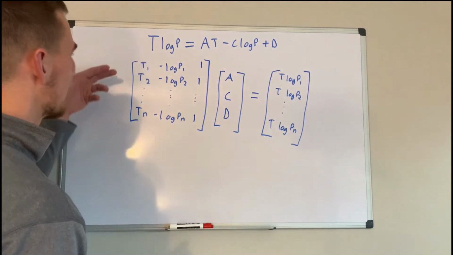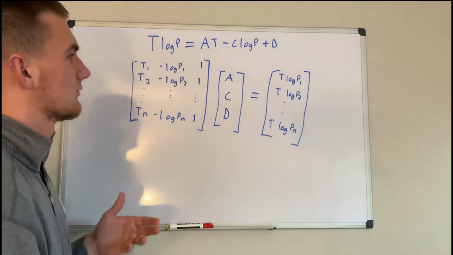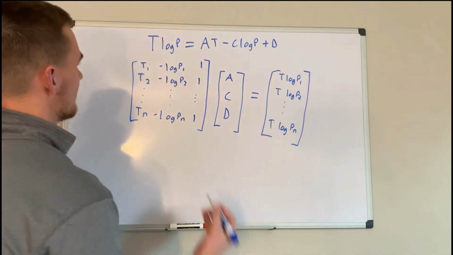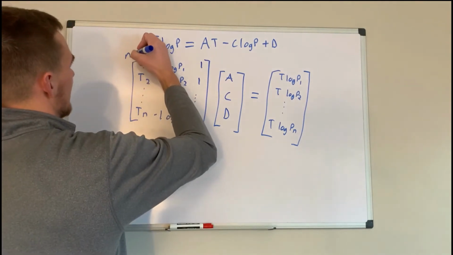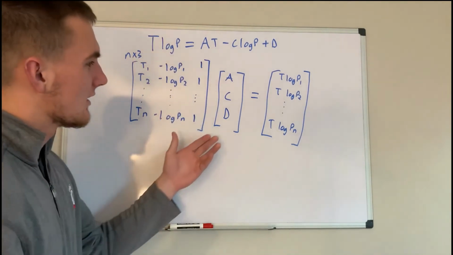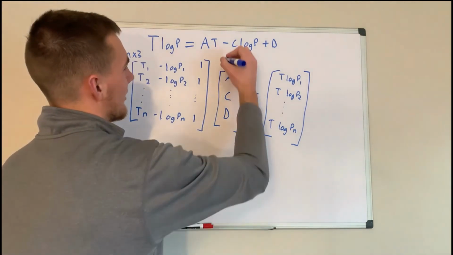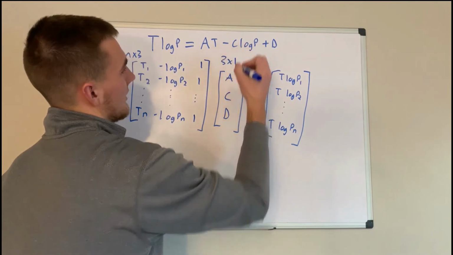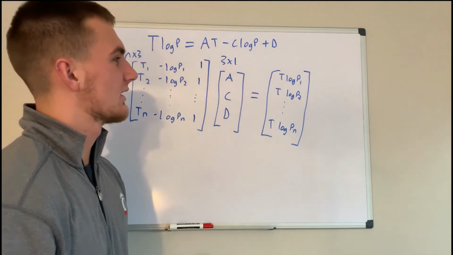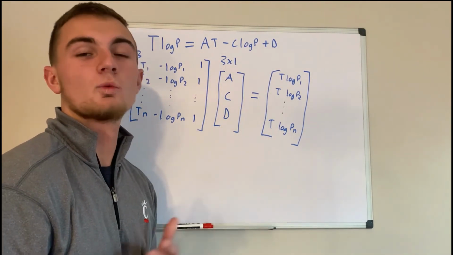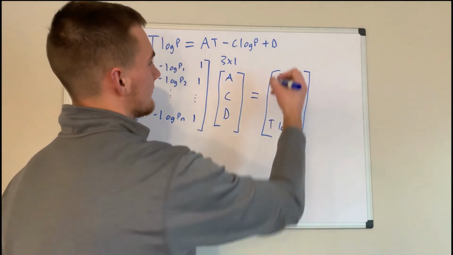So here we have n rows and 3 columns. So this matrix here will be an n by 3. Now this matrix here has 3 rows and just 1 column, so it'll be a 3 by 1 matrix. And our last matrix here has n rows and just 1 column, so it'll be an n by 1.